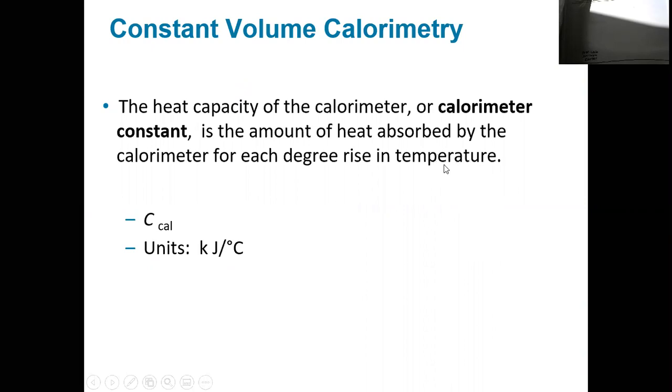Heat capacity is an extensive property and it's amount dependent. These are the units for our calorimeter constant. They're usually in kilojoules per degree Celsius because the amounts of energy are higher. But joules or kilojoules are both reasonable ways to report the calorimeter constant or the heat capacity.